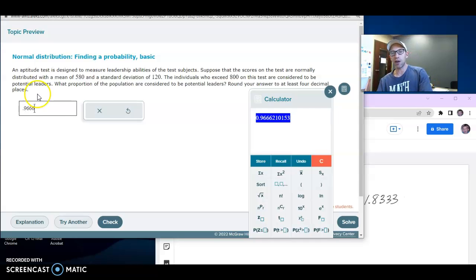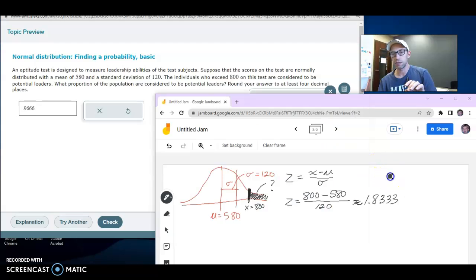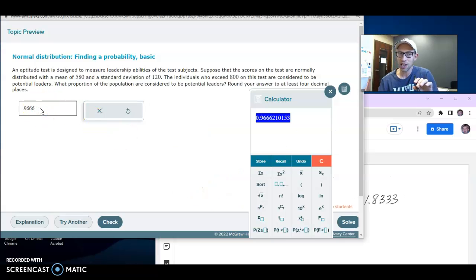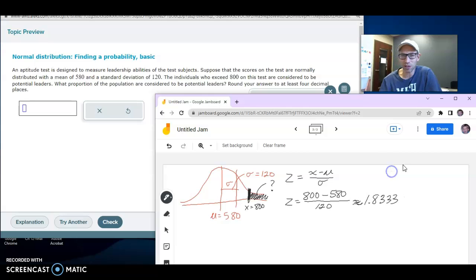Now, let me point out here that this matches up with our drawing, except, wait a minute, something's wrong, right? We're looking for these potential leaders, and that doesn't seem to match our drawing.